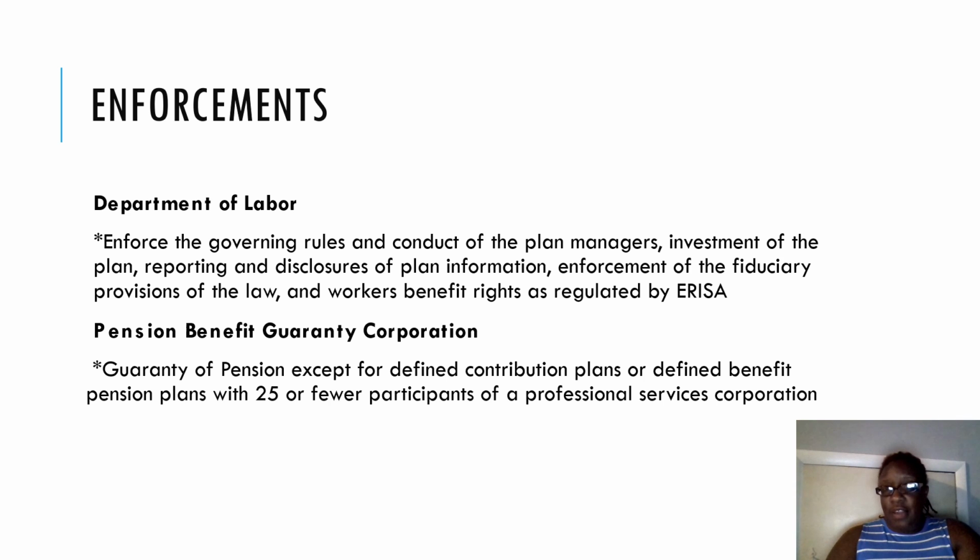Just like anything that we do, there are rules that we have to follow, and there are people who are there to enforce the rules: the Department of Labor and the Pension Benefit Guaranty Corporation. We have to make sure, as an employer, we are following the rules and establishing things for our employees to have a better life at the end of retirement.